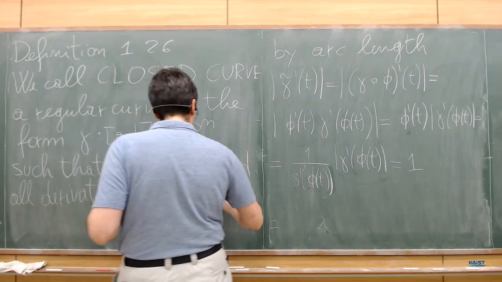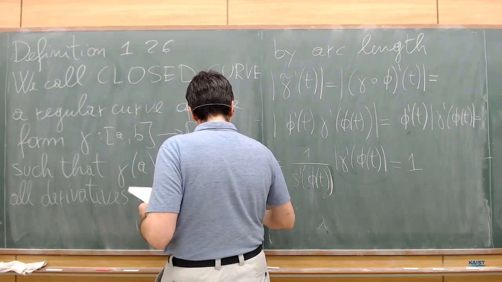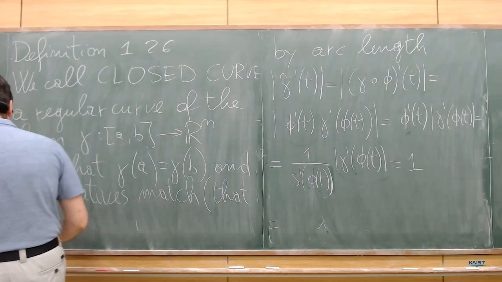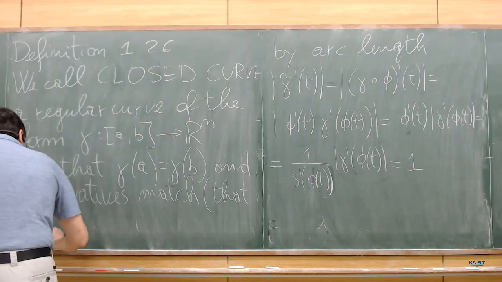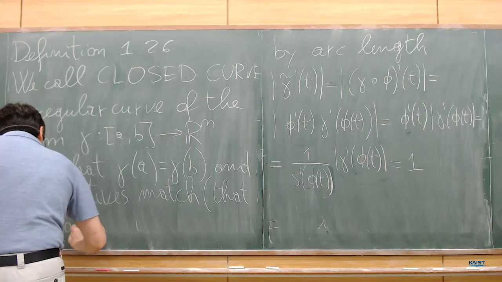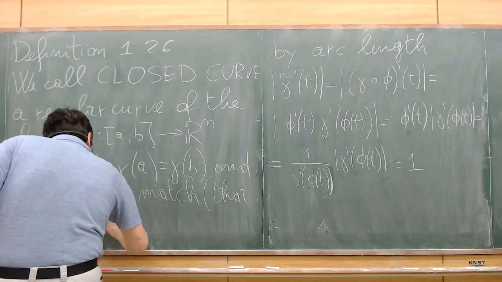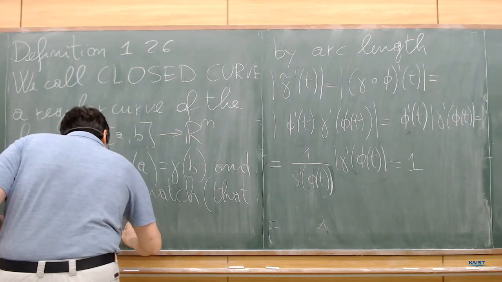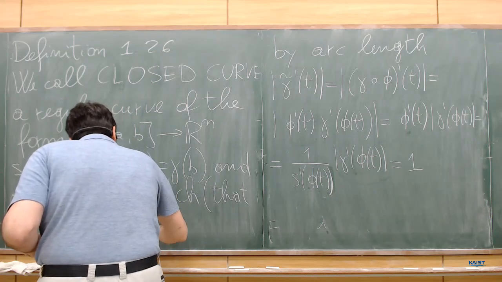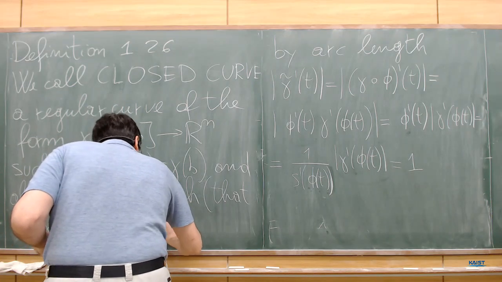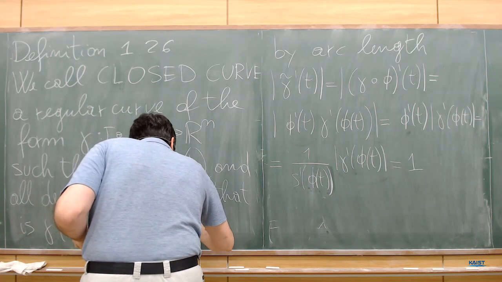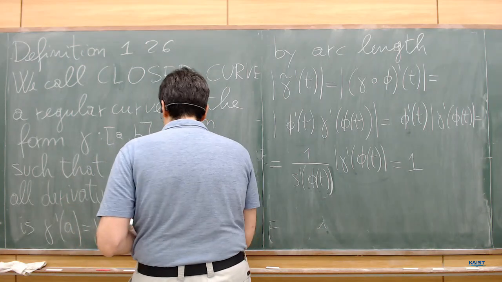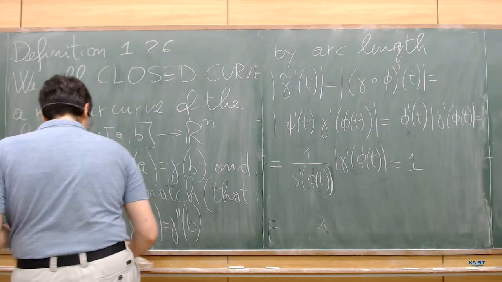That is, gamma prime A equal gamma prime B, gamma second A equal gamma second B, etc.